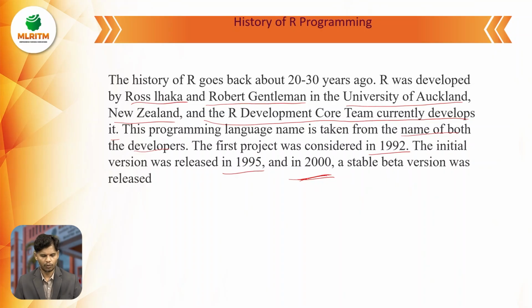Today the R Development Core Team continuously updates and improves the language. The name of R comes from the letters of both developers' names and is also influenced by the earlier S programming language.